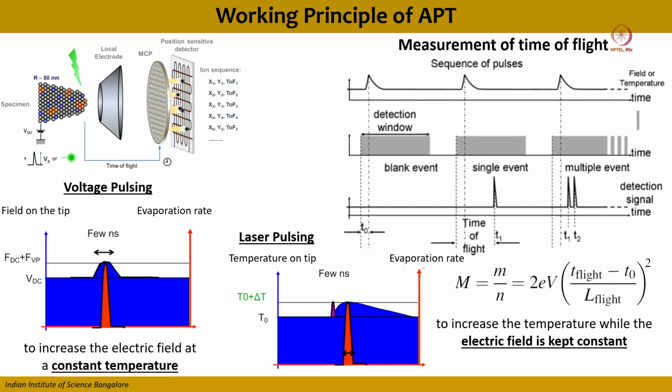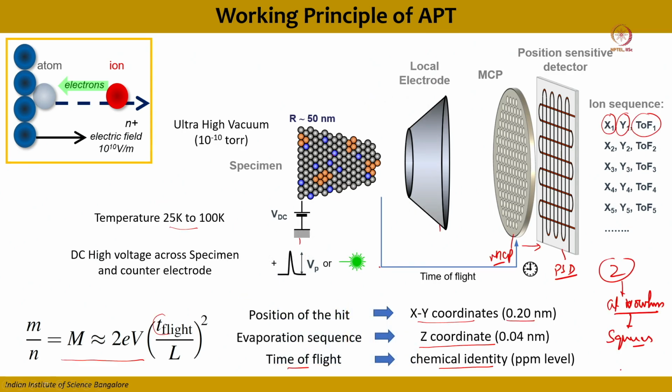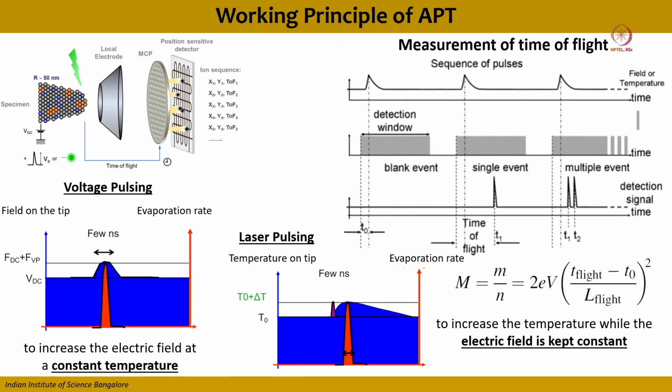Fine. So we also discussed how the measurement of time is done. If you consider a pulse, once the pulse is applied, either HV or laser pulse, as the pulse starts there is a detection window which opens up, and this detection window opens for some time. Once this detection window is up, as the pulse reaches the top, there will be a detection of the particular ion on the delay line detectors.